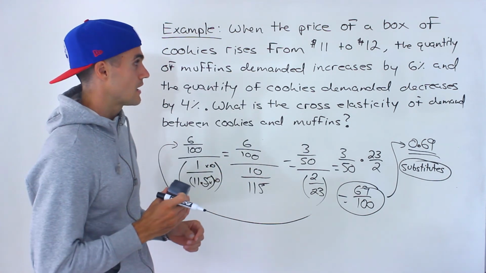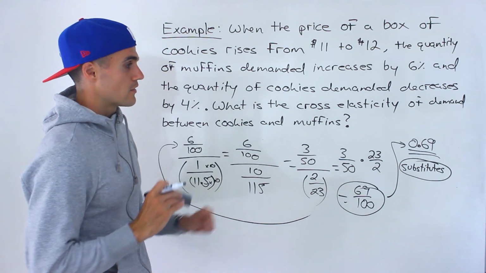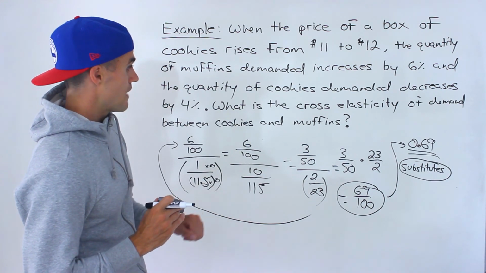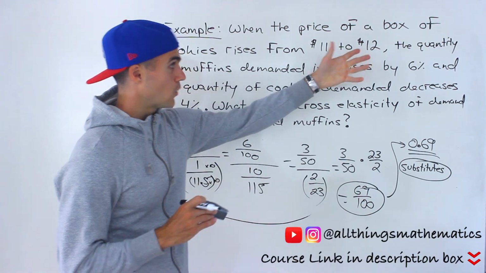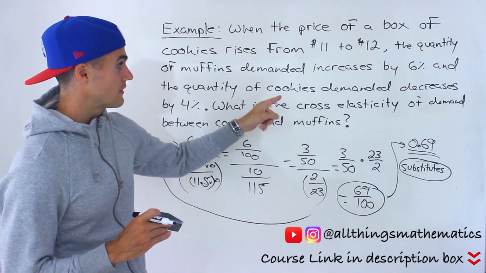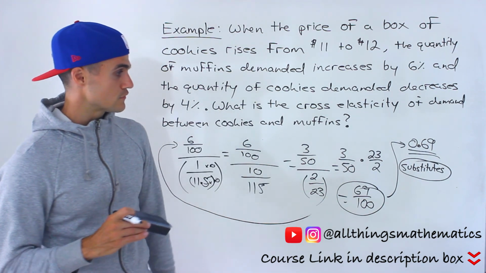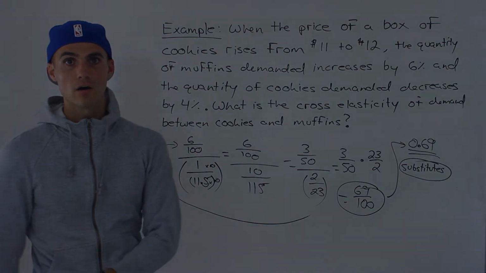Sometimes they're eaten together, but for the most part, they are competitors, they're substitutes. So because the price of cookies went up, the quantity demanded for cookies went down, but then the quantity demanded for muffins went up. And that's why we got that positive for the cross elasticity of demand. Both of the products are substitutes.